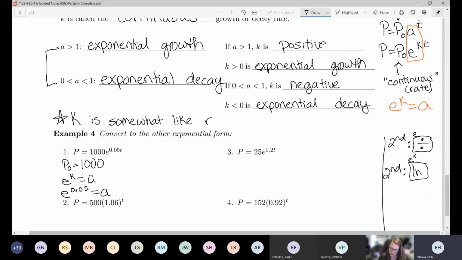This will get you an e to the x form, so it will immediately put you up into an exponent. I usually just use the division one, but whatever floats your boat. So if you punch in e to the 0.05 into your calculator, you're going to get that a is approximately equal to 1.051. That's a really gross approximation sign.